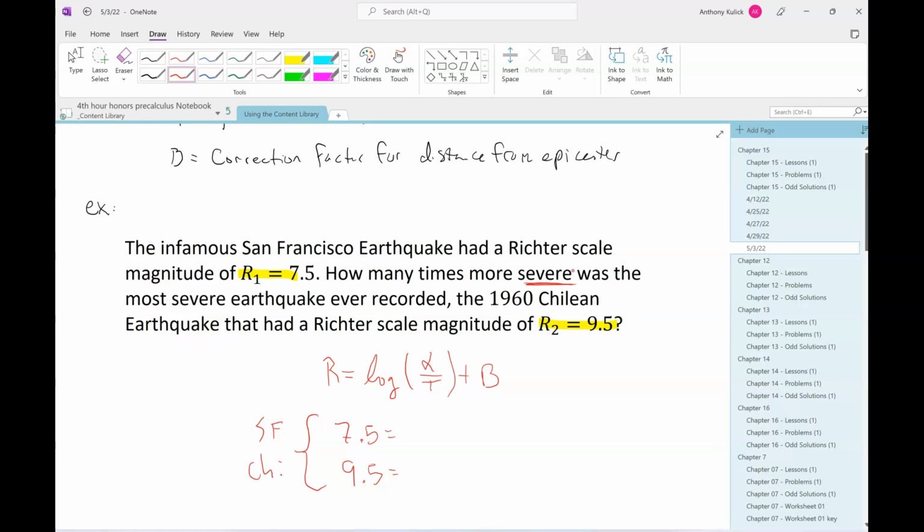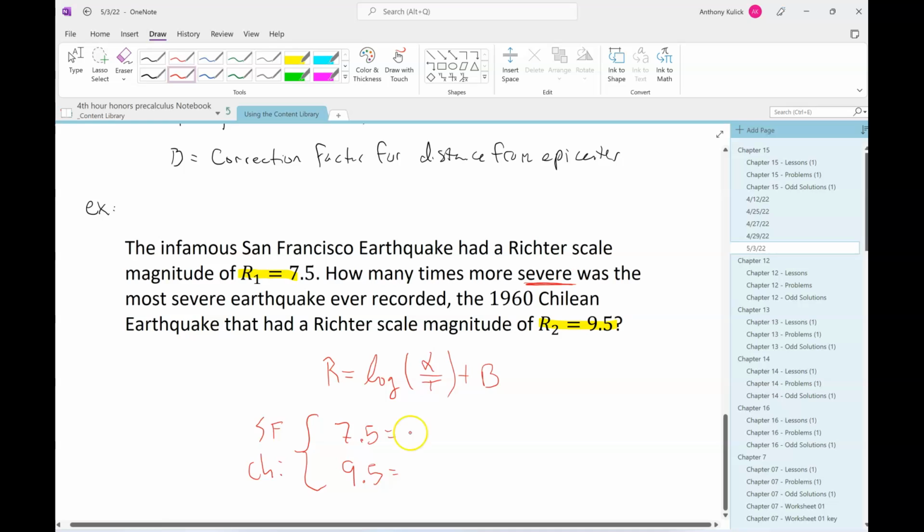So really the severity is a ratio of these alphas. So I need an alpha for San Francisco, and a different alpha for Chile. So I'm going to use alpha 1 and alpha 2 there. Cool so far?